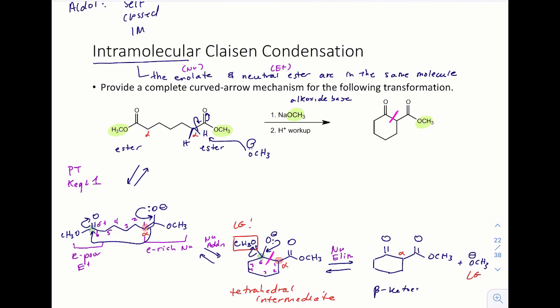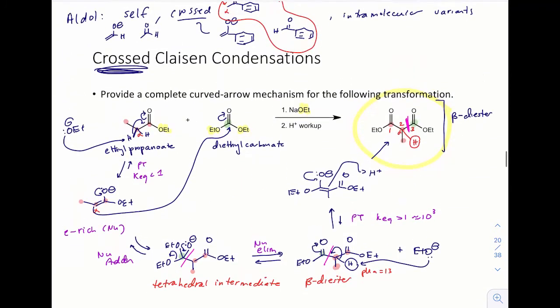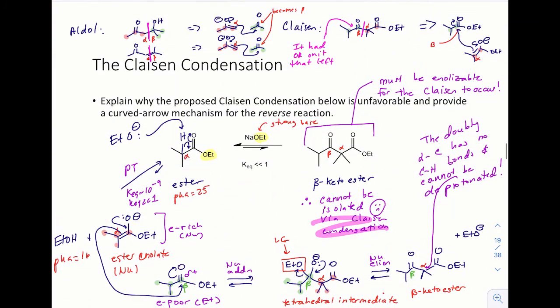This step forms this beta keto ester that is enolizable and is immediately deprotonated by methoxide to generate the nice stable doubly alpha enolate. This enolate can be reprotonated upon acidic workup to generate the neutral product. And again, we see this beta ketoester, and it tells us that a Claisen condensation has occurred. Oh, we've done it. We've done intramolecular, crossed, and self-Claisen condensations.